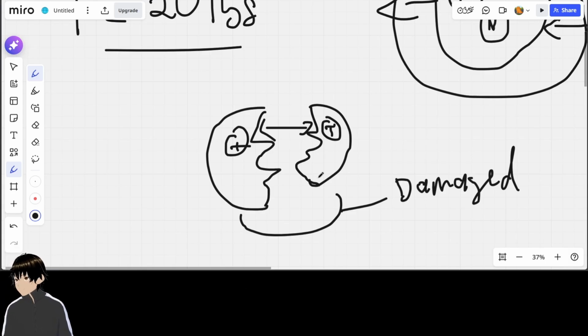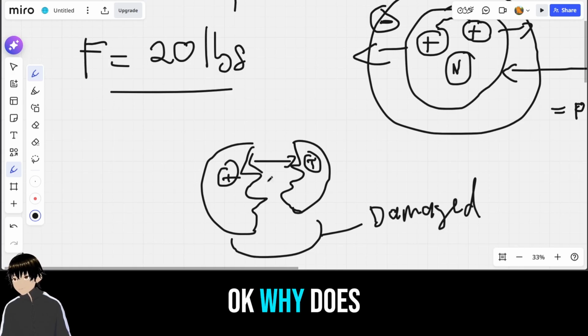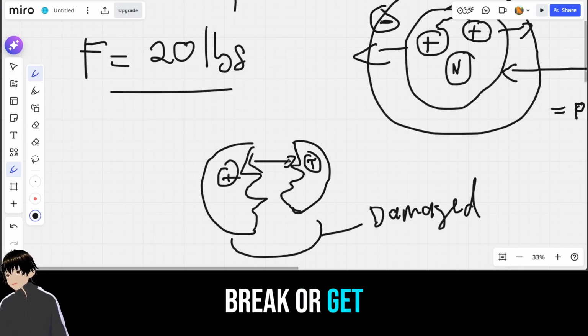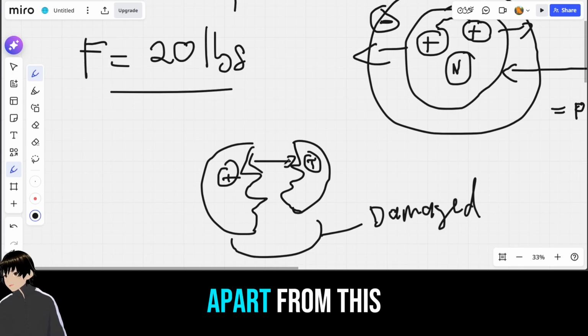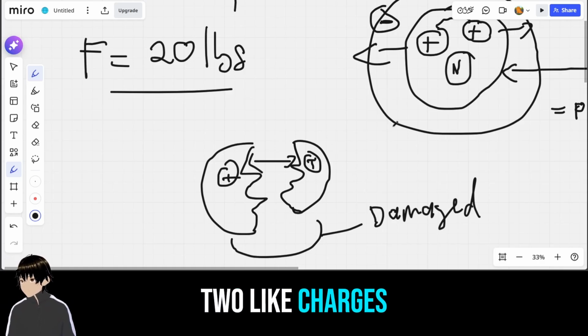That's a good question. Why does the nucleus not break or get torn apart from this repelling behavior between the two protons, between the two like charges?